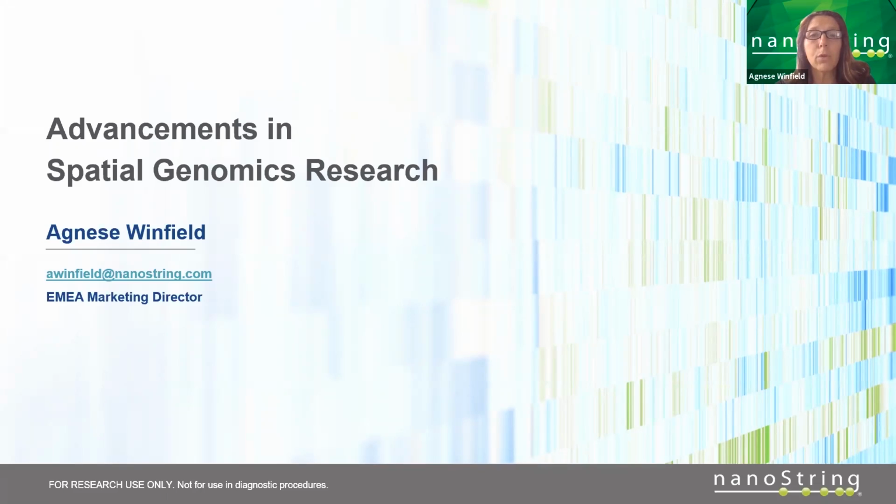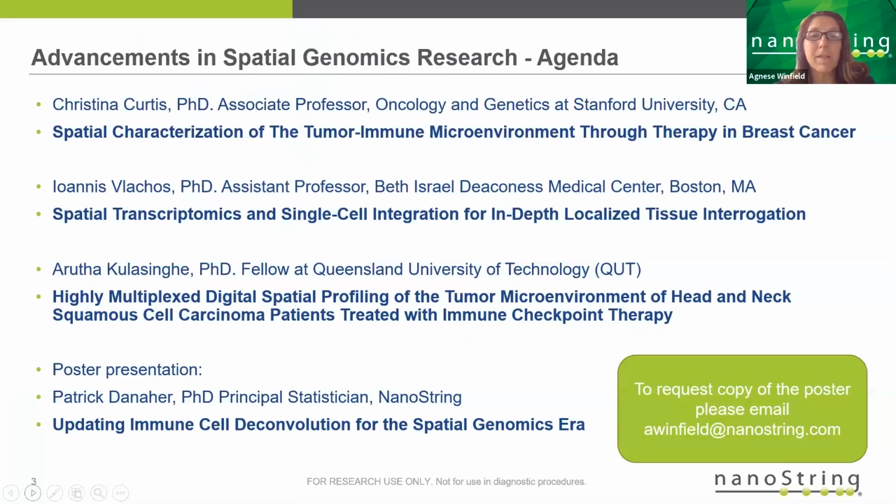For now, I want to introduce you to the presentations and to the presenters for our program today. The first presenter is Professor Christina Curtis, Associate Professor of Oncology and Genetics at Stanford University in California. The title you can see on the slide is Spatial Characterization of the Tumor Immune Microenvironment Through Therapy in Breast Cancer. The work presented is addressing the critical need to identify biomarkers of treatment response in early stage HER2-positive breast cancers.